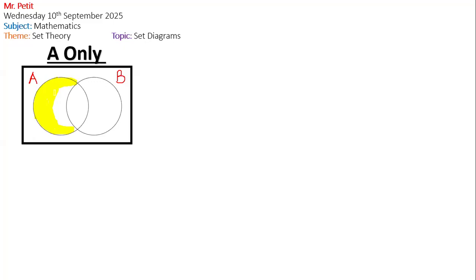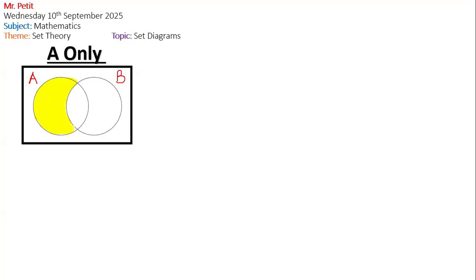Don't shade the intersection part, just this part. So we have this part like this.